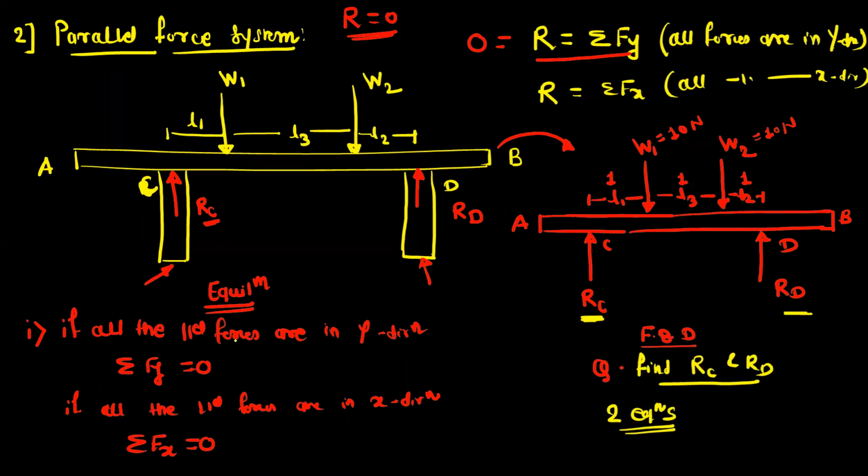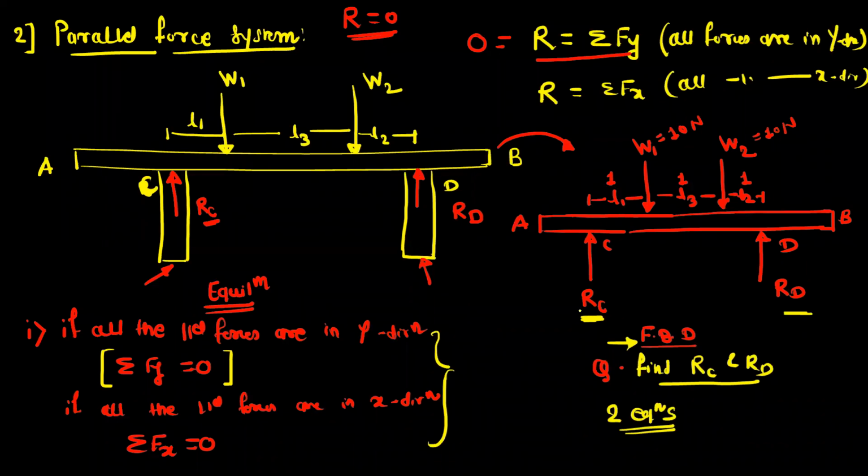But if you observe these conditions of equilibrium, which condition can we apply for this type of system, shown in this free body diagram? Only one condition we can use, that is summation Fy is equal to 0.